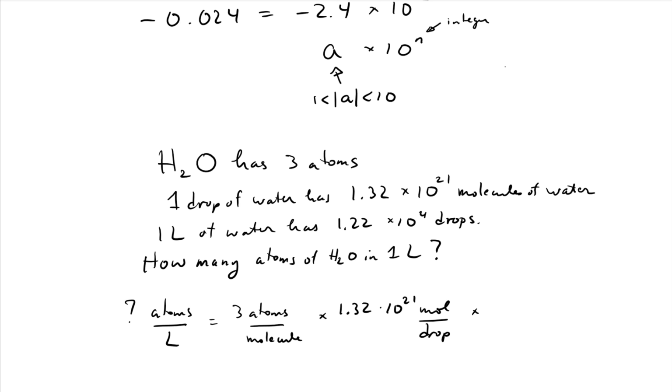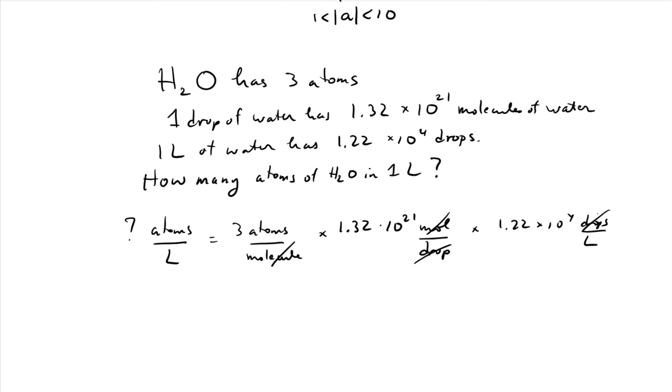And then how many drops per liter? I've got 1.22 times 10 to the 4 drops per liter. And then you can see the drop, that cancels, that cancels, that cancels. Overall, I'm going to get atoms per liter. And you could multiply these together. Okay, that's way easier, right? Those are easy numbers to work with.